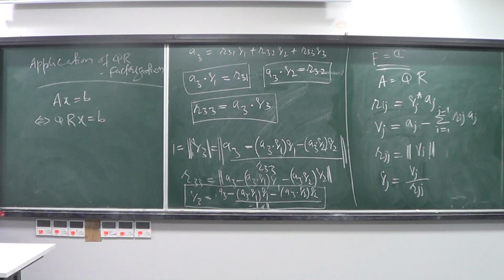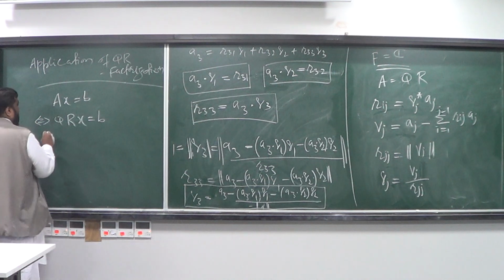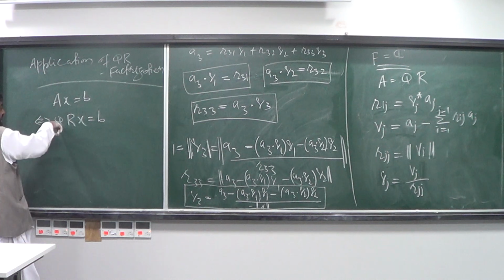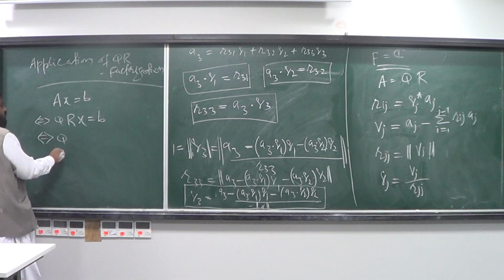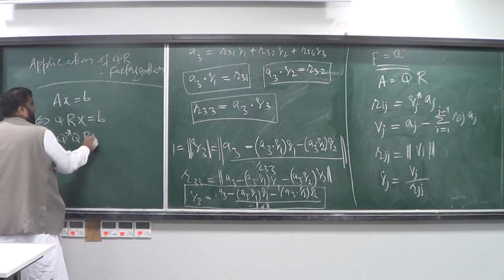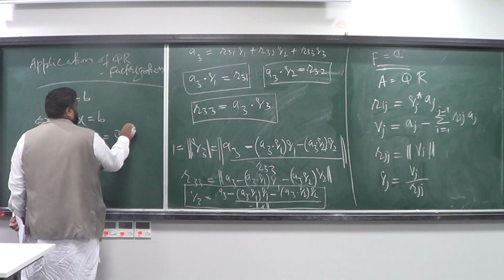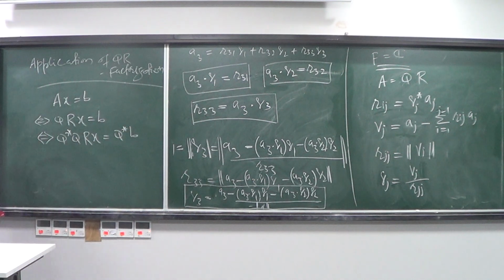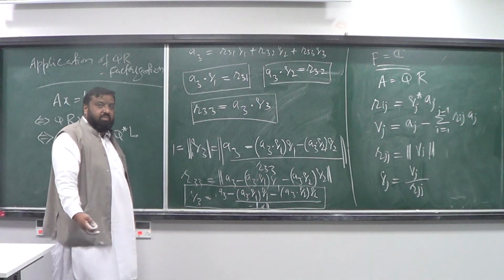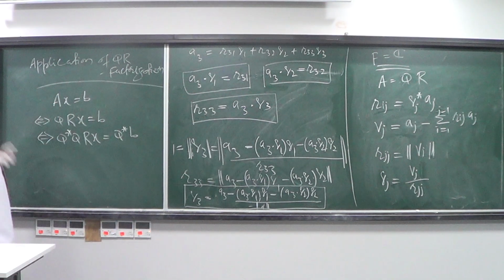And I know that Q is an orthogonal matrix, so I can take, for example, Q transpose, or Q star, and multiply onto both sides. So Rx equal to Q star b. If you are talking about real numbers, Q star is going to be the transpose, and if you are talking about a matrix of complex numbers, this Q star is going to be the conjugate transpose actually.